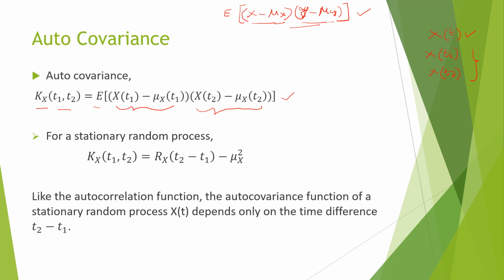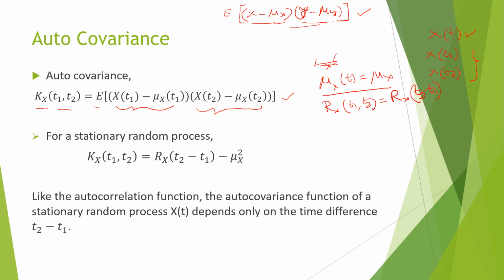If the random process is stationary, then the mean value mu x is constant for all t. Mu xt is equal to mu x for all values of t. Similarly, for a stationary random process, the autocorrelation function Rx t1, t2 is equal to Rx t2 minus t1.